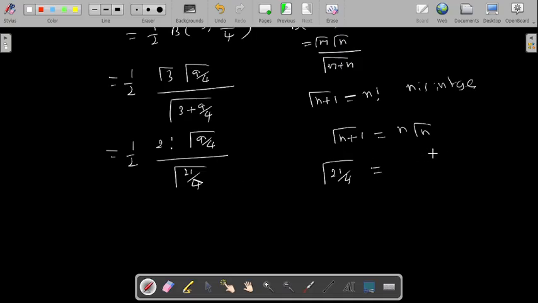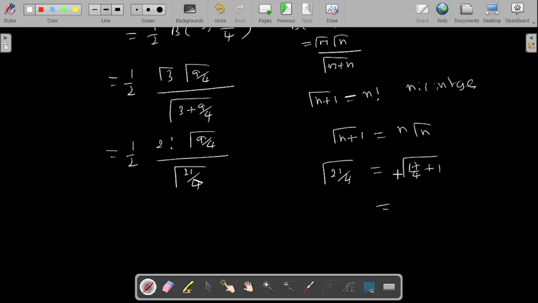Gamma of 17 by 4 plus 1, since 4 plus 17 is 21.